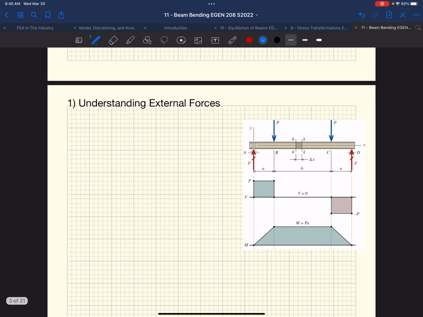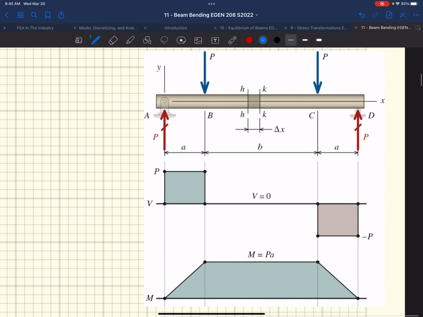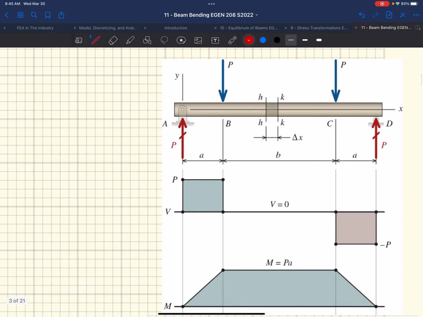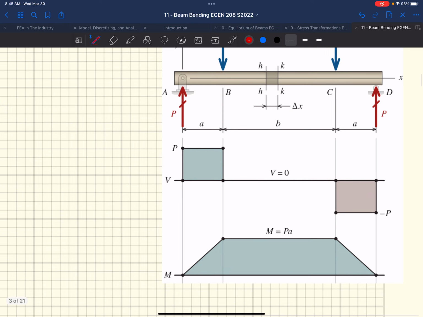Okay. So step one, understanding our external forces. Right? What if we had our example that we just had, right? 2 kilonewtons. 2 kilonewtons. We know that this was 5 kilonewton meters. These were all 2 kilonewtons.